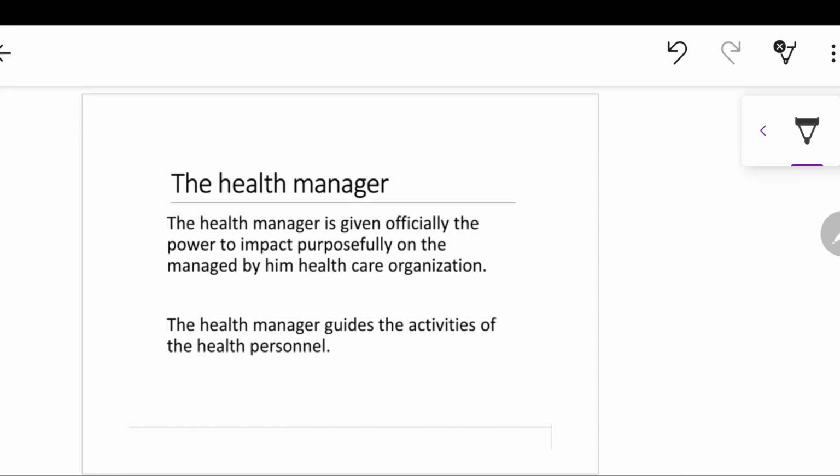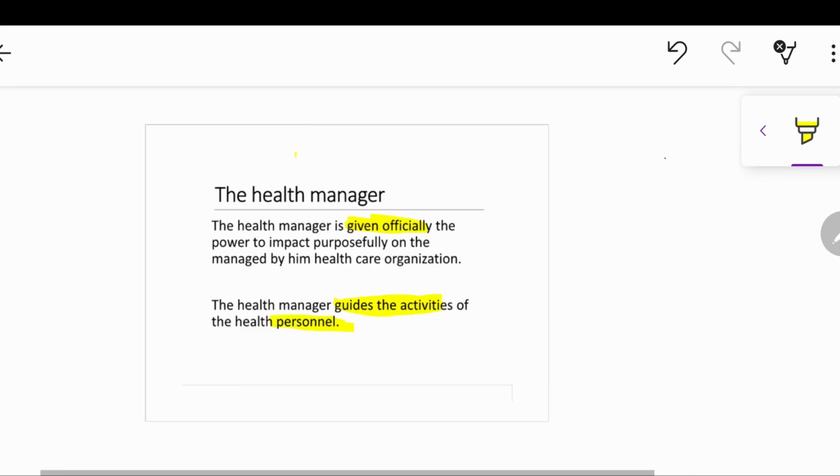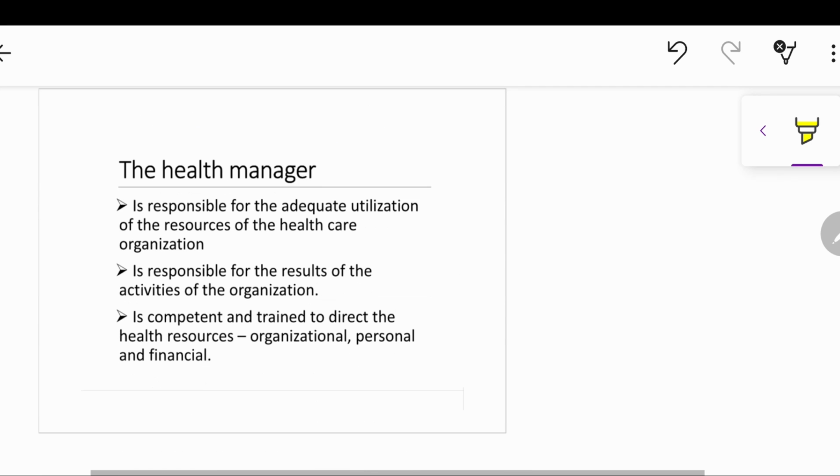The health manager is not just automatically a manager. The title has to be given to him or her. And the manager guides the activities of the personnel within his or her team.